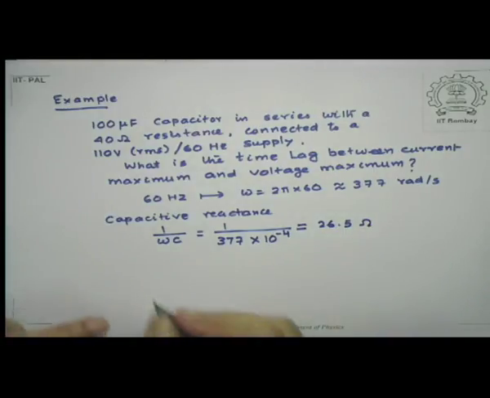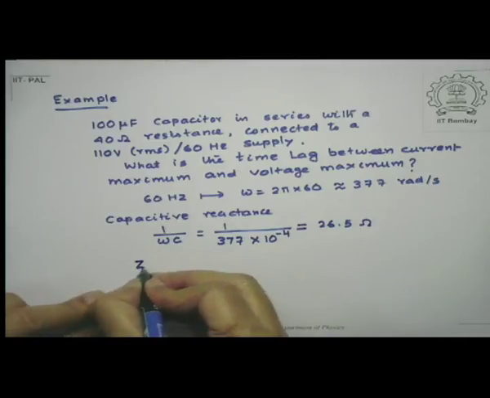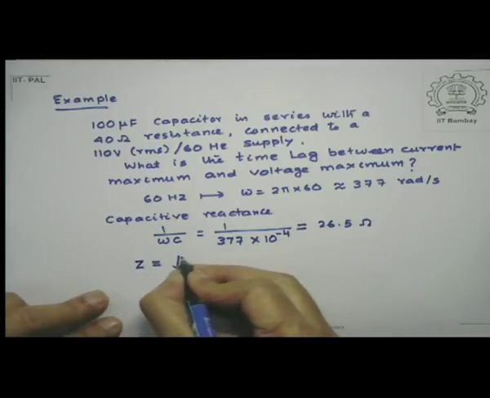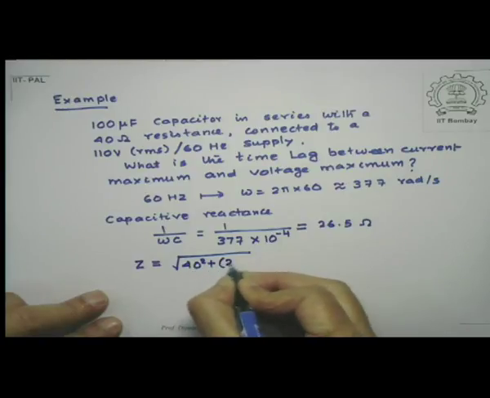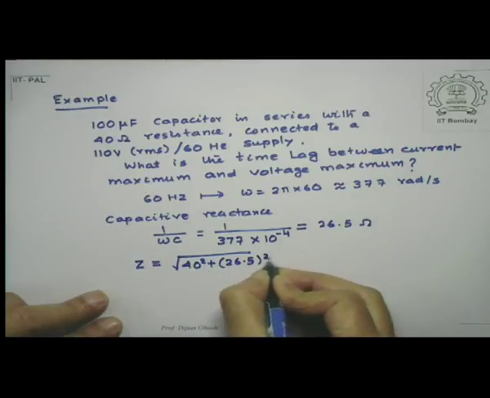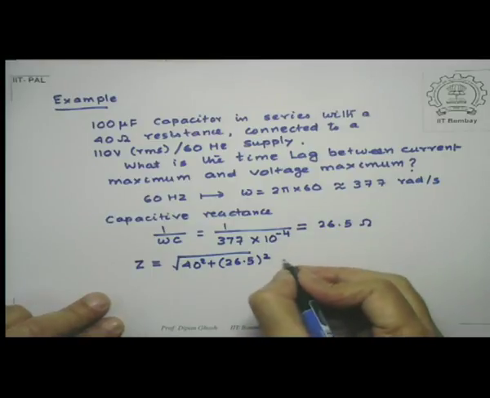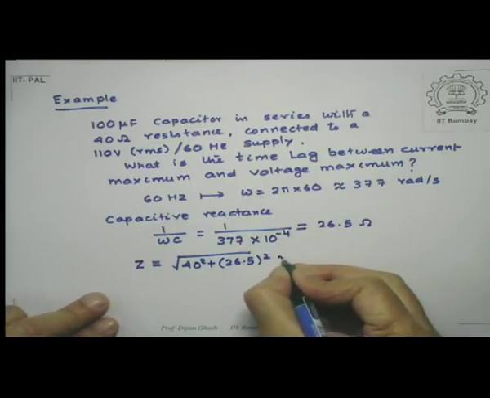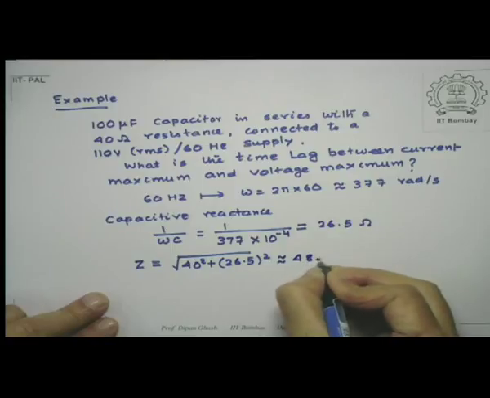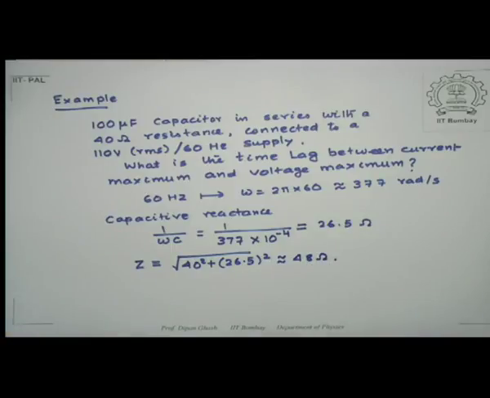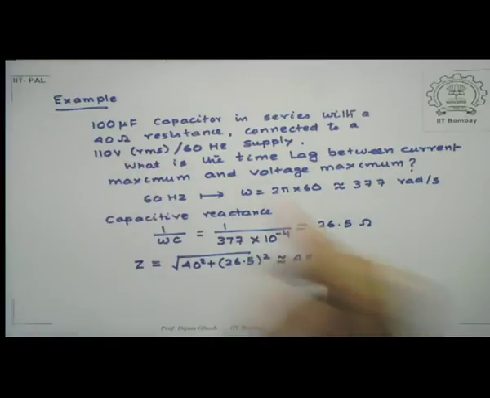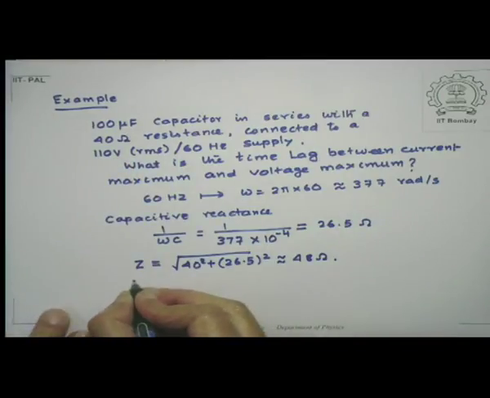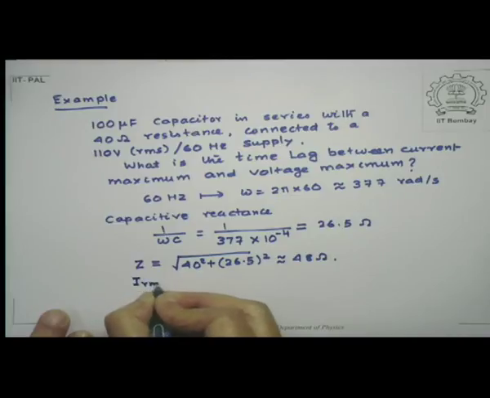I can immediately calculate the impedance of the circuit. Impedance of the circuit is obviously the square root of 40 square plus 26.5 whole square, and that if you calculate works out to approximately 48 ohms. Now I've given you the voltage in RMS, so I can immediately calculate how much is I RMS, the current.